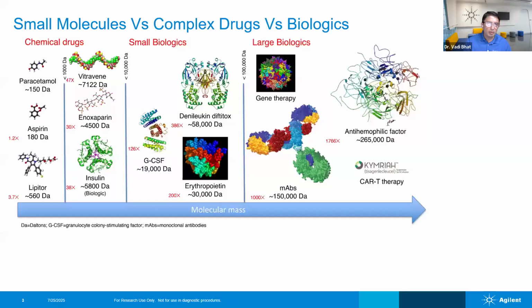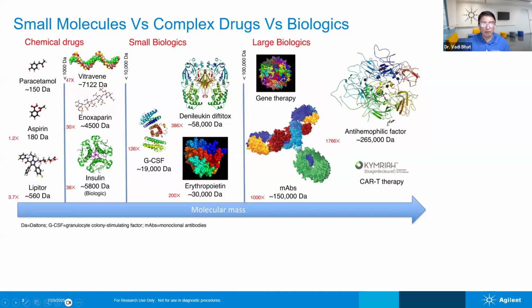So when you look into the biomolecules compared to the small molecules, of course, in between we have the complex drugs as well. Small molecules, everybody knows, are really small and simple, with molecular weight starting from maybe 100 to 200 daltons and going up to 1500 daltons. Complex drugs include oligonucleotides, synthetic and recombinant peptides, up to the insulin level.